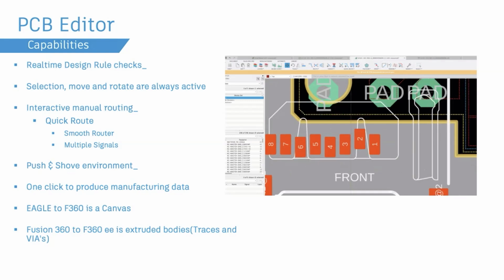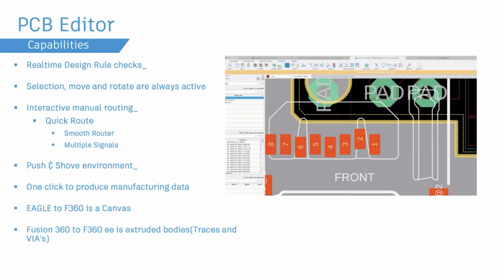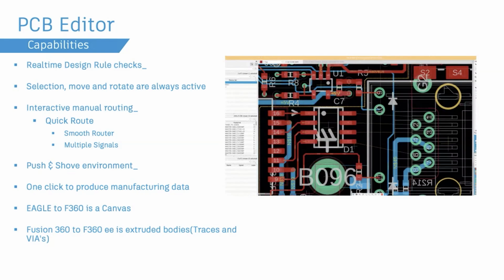As I said earlier, we have some superior interactive manual routing capabilities, which include the smooth router. So any routes that you already have, if it's possible, it will straighten them out or make them look a lot better, aesthetically better. Also, we're able to route multiple signals simultaneously once you select a group of signals if you want.